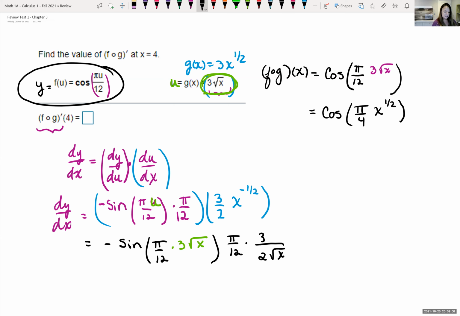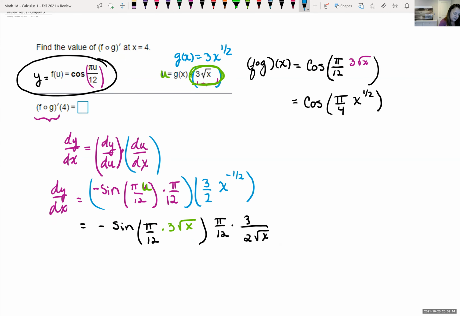And so let's simplify a little bit in here. I notice again that 3 and that 12 are going to reduce to pi over 4s. This 3 goes into 12 4 times. And notice that this square root of x is part of the sine function, so I can't reduce that.